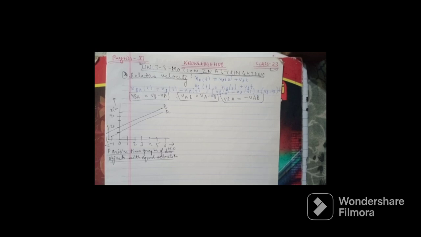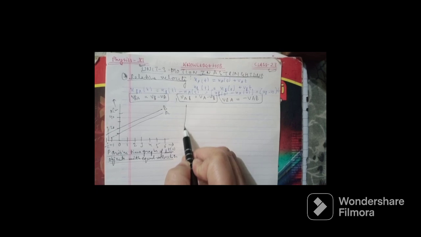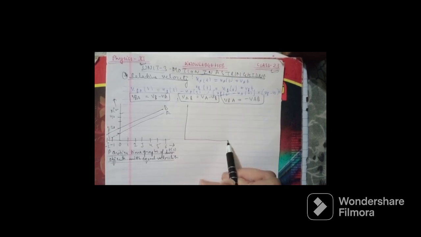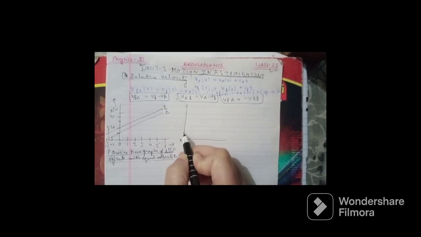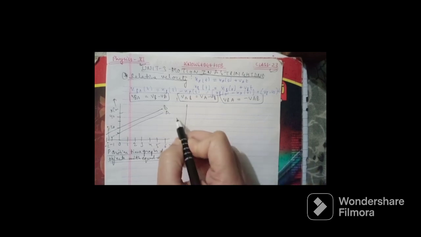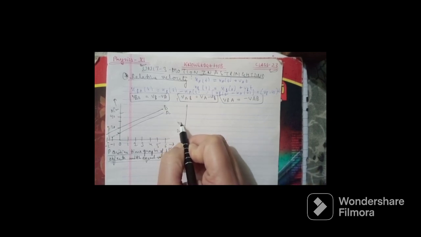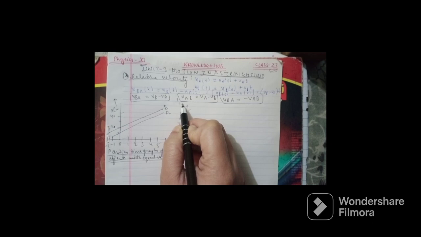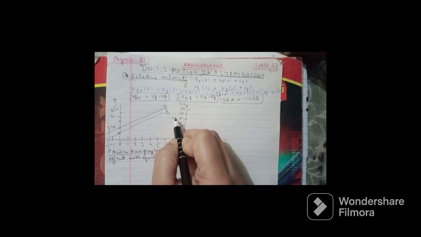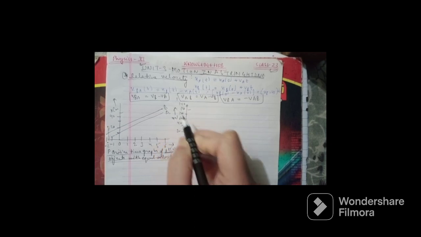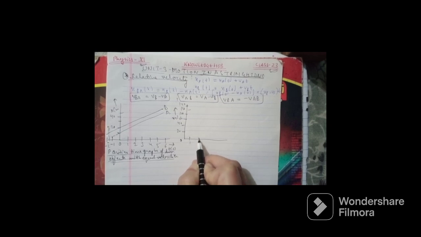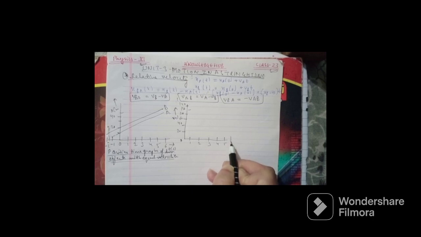Now, another one we have here is, so this is your 0, then 20, then your 40, 60, 100, 120, 140. This is X in meters. This is 0 here, 1, 2, 3, 4, 5, 6. This is for T of S.